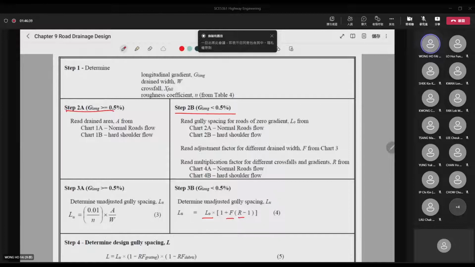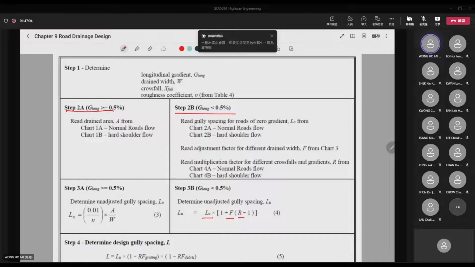For F, it is the adjustment factor, and you look at chart 3. Finally, you have chart 4A and chart 4B, which depend on the gradient again. You will take a look at that.